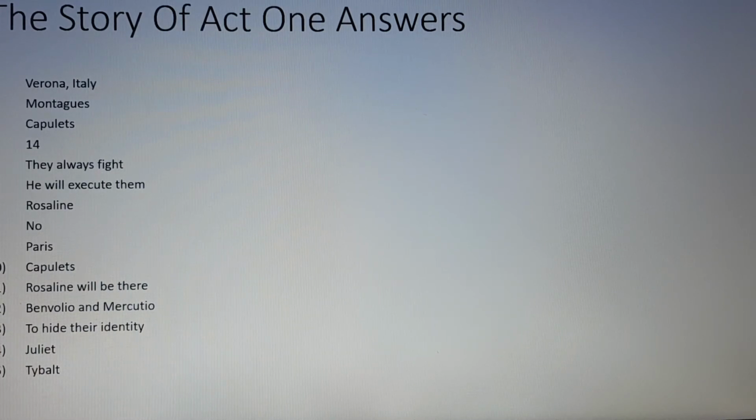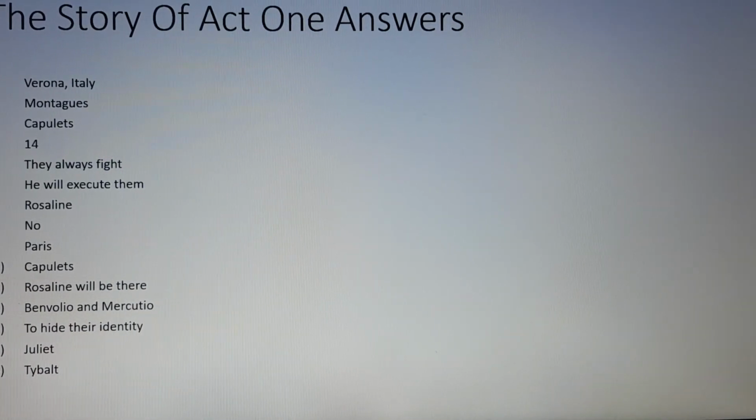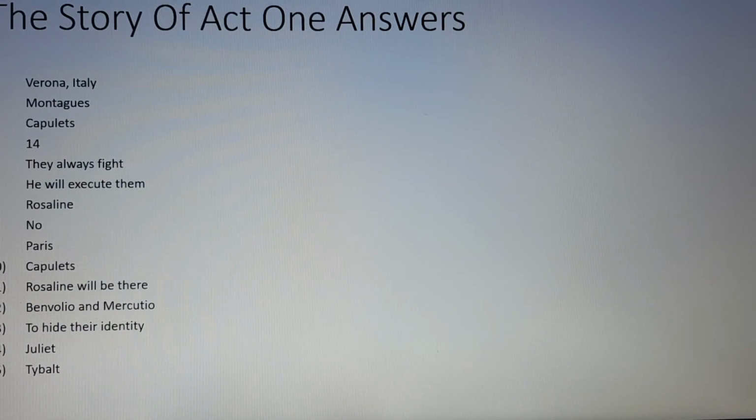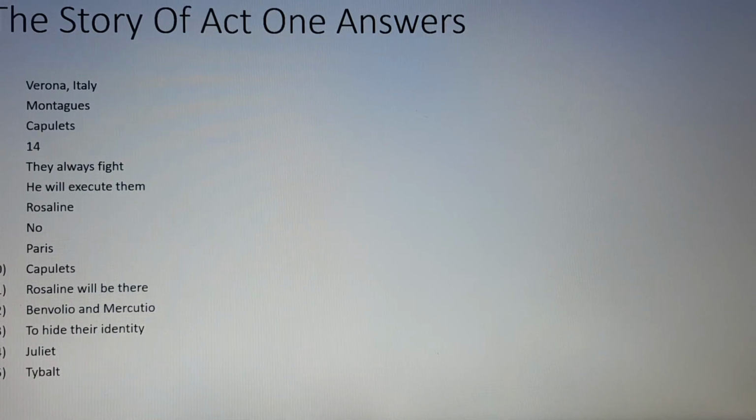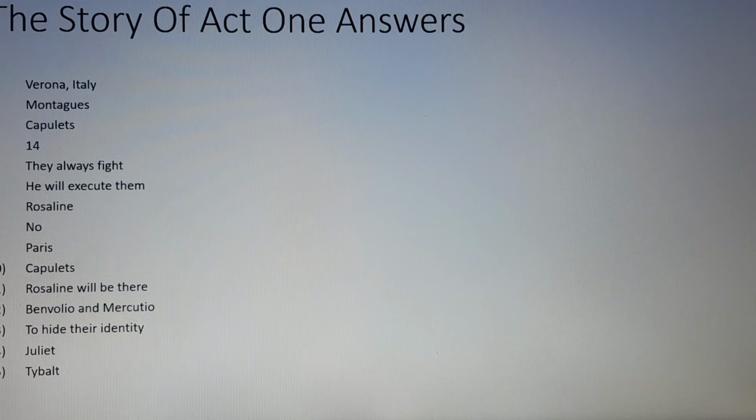Well, it's to hide their identity. So they've got masks on so people don't know who they are. 14, who does Romeo meet and fall in love with at the party? Well, that's Juliet. And question 15, who recognises Romeo and threatens to punish him for invading the party? That's Tybalt, Juliet's cousin. So you can mark those, and then let's move on to the story of Act 2.